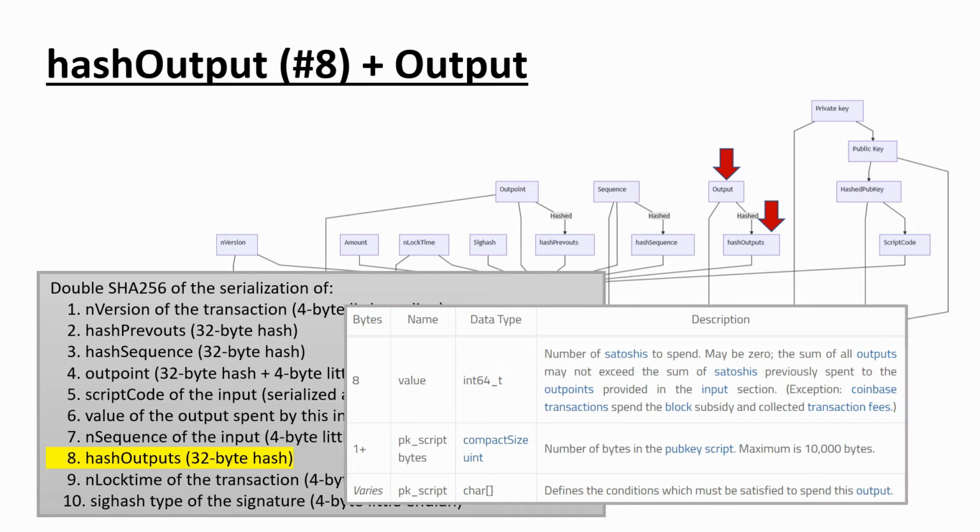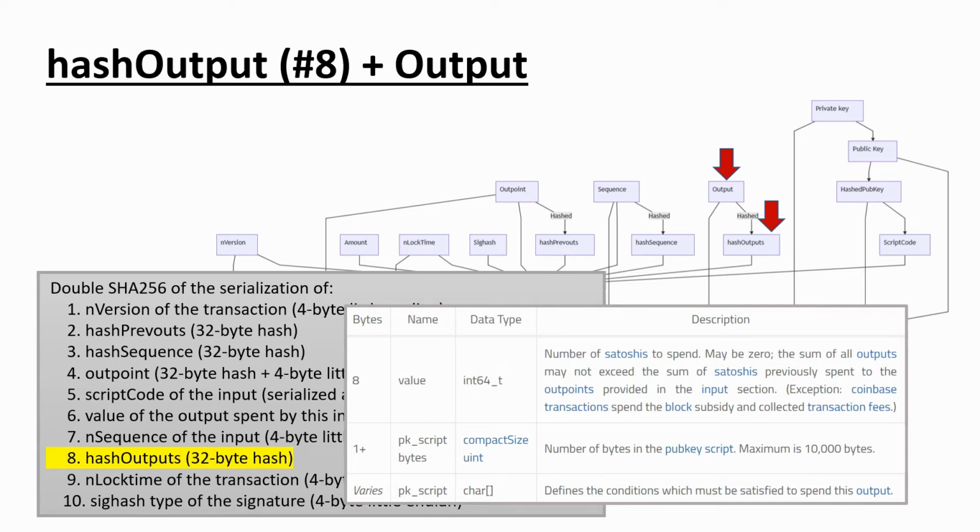The most common script says something similar to this value will go to anyone who can prove ownership over the following hashed public key. Now the recipient will prove their ownership over this hashed public key by signing a transaction with their corresponding private key. In my example, I created a script that will send this value to a pay-to-script hash over pay-to-witness public key hash version 0 address that I control using my private key.